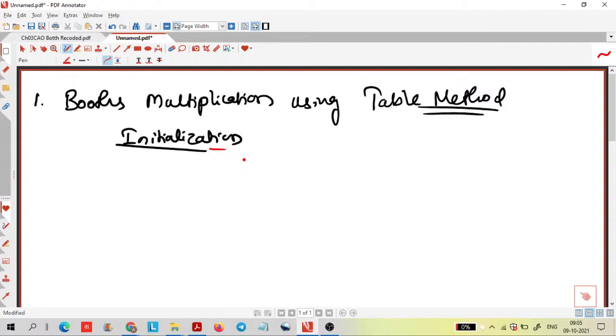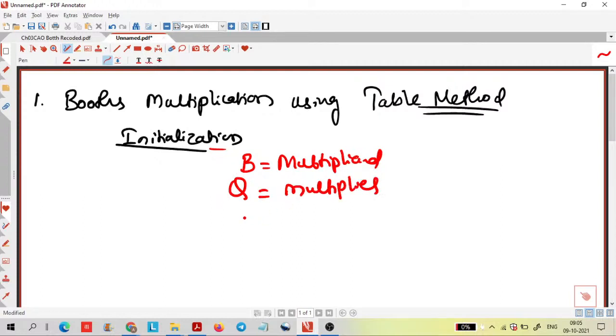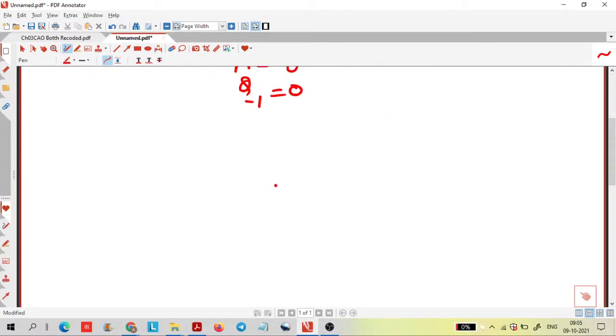So multiplicand in B register and multiplier in Q register. After that, the accumulator is initially 0, Q minus 1 is initially 0. So that is about the initialization.